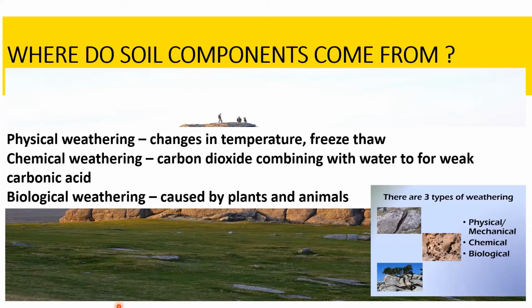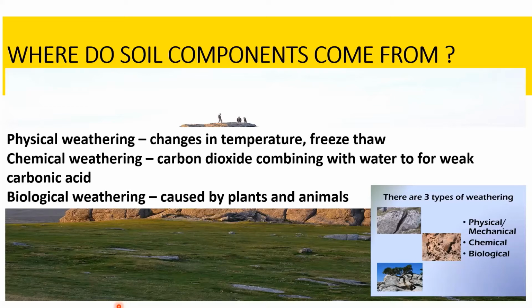The weathered materials are carried away by the different agents of erosion. The wearing away of the landscape by the different agents of erosion is called erosion. The breaking up of rocks into smaller pieces is called weathering.